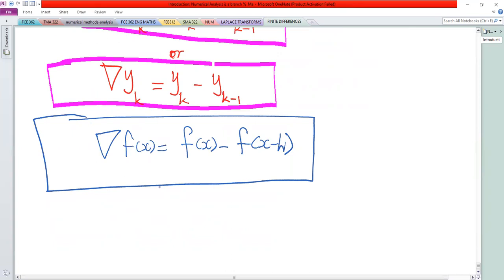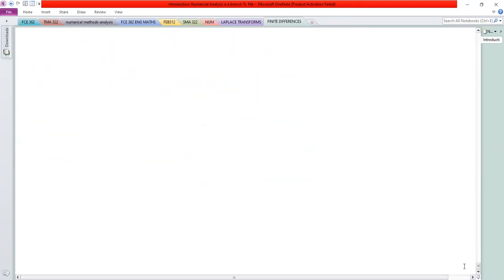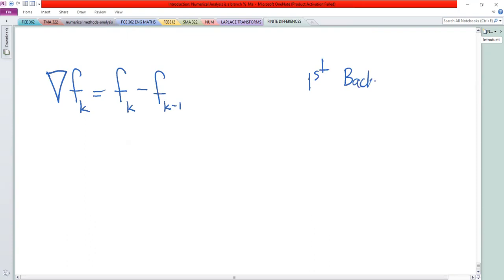Now this expression is called the first backward difference. Now, let's define the second backward difference.